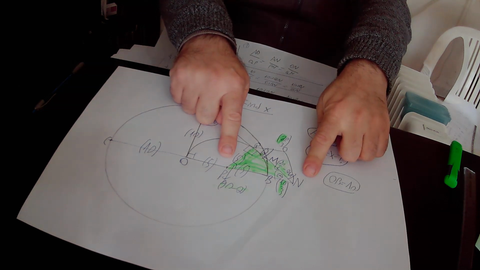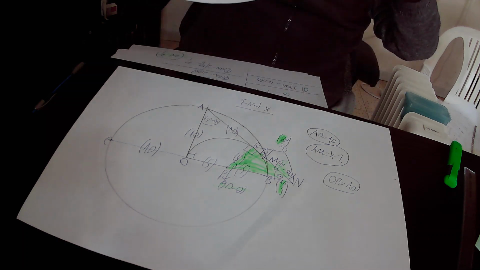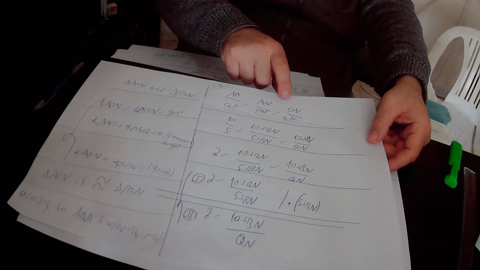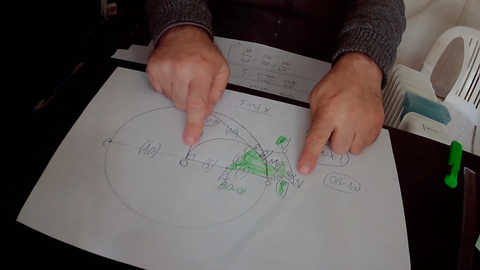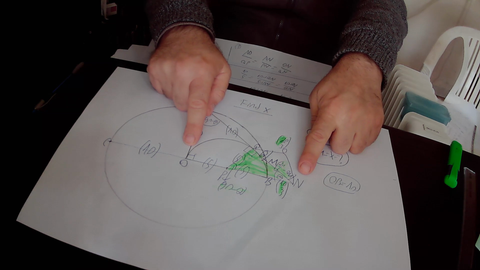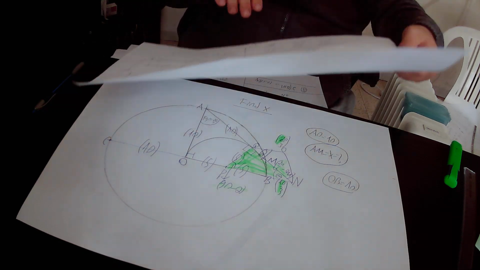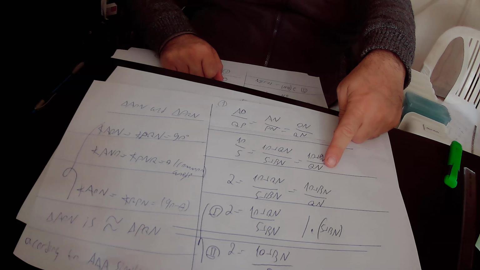PN in total equals 5 plus BN. And it is also equal to ON? What is the length of ON? ON in total equals 5 plus 5 plus BN. So in total, ON equals 10 plus BN, and QN is the missing side, so we leave it as it is.